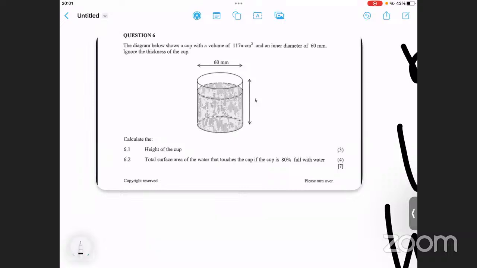That means you must know what the formula is for the total surface area. If you do not know what the formula is, rather check it in the textbook or very quickly Google it to see how it looks, and then you take it from there. That means you need to know what that shape is. If you know what that shape is, you will then say the formula for the total surface area of that shape.